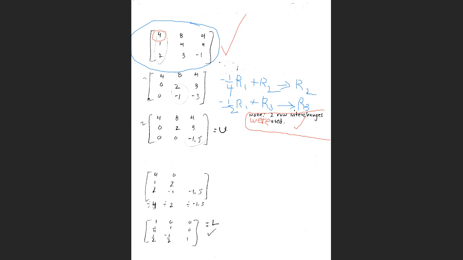Okay, and then to get to this step here, finally, I want to use the 2 to produce a 0 where the -1 is in the second column. So we'll take 1/2 row 2 and add it to row 3, and replace row 3 by that result.